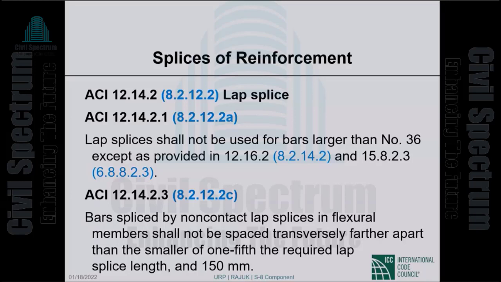Bars spliced by non-contact lap splices in flexural members shall not be spaced transversely further apart than the smaller of 1/5 the required lap splice length and 150 millimeters. So if it is a non-contact lap splice, the bars that are being lapped or spliced should not be too far apart from each other. The maximum distance is 6 inches or 1/5 the required lap length, whichever is smaller.